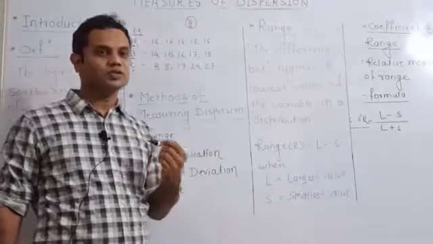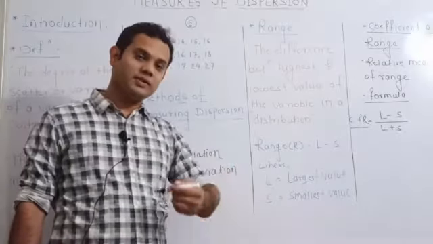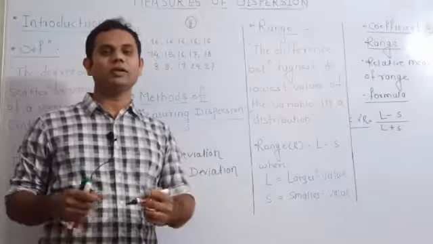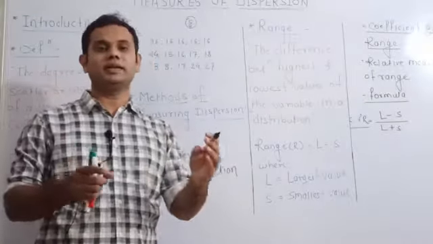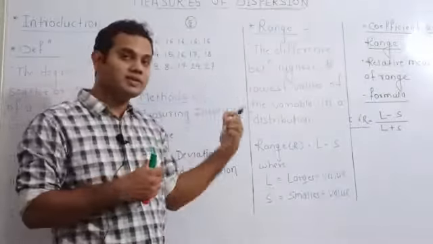I want to tell you that the measure of central tendency that we learned previously may sometimes be misleading, or it will not completely represent the data, because that will be shown in this example.